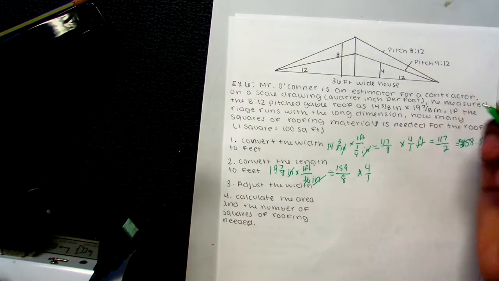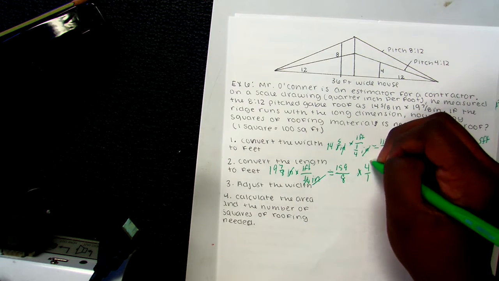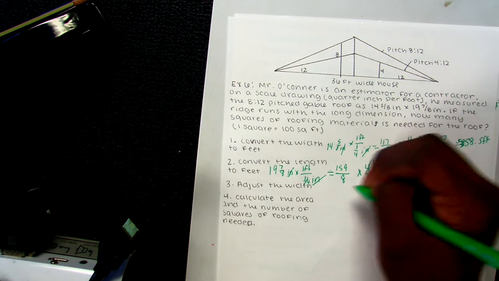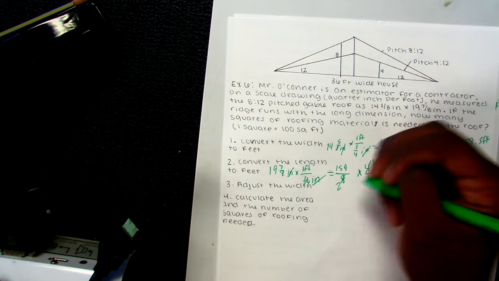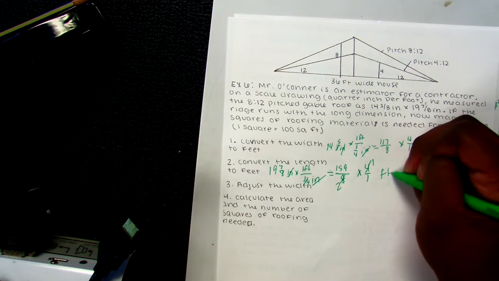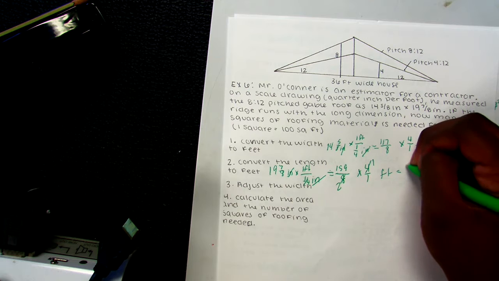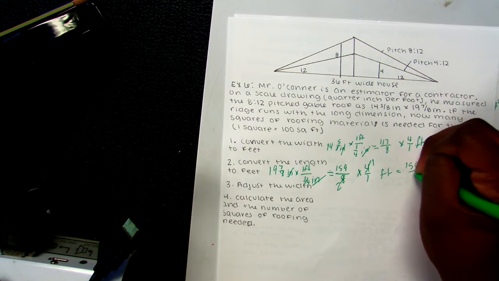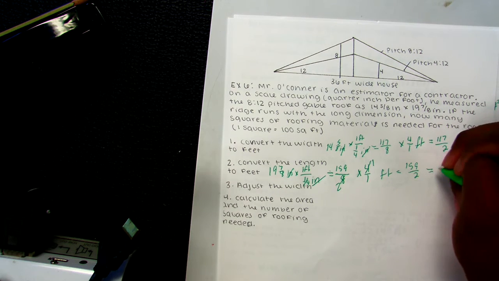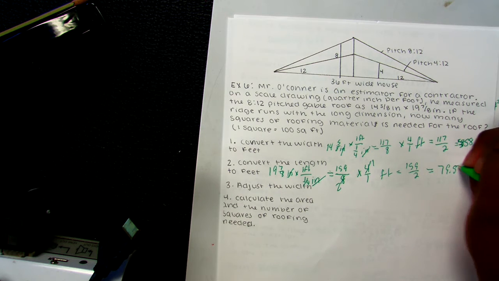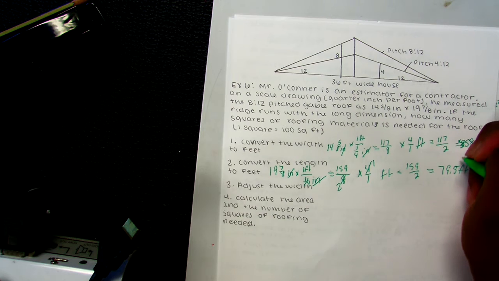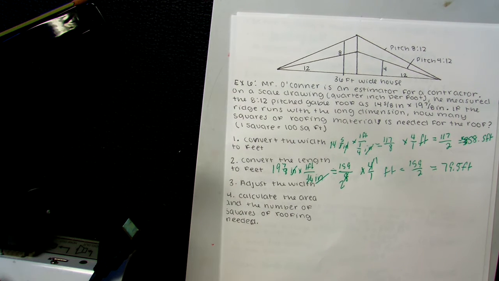In this situation, we would reduce. The 4 would be 1 and the 8 would be 2. And we would multiply and get 159 over 2, which would then equal 79.5 feet.